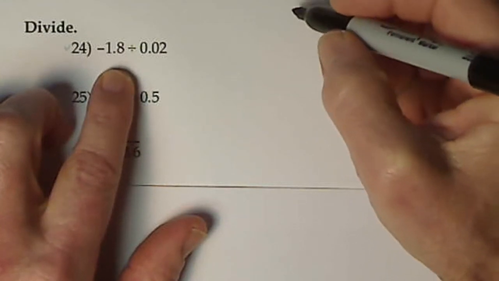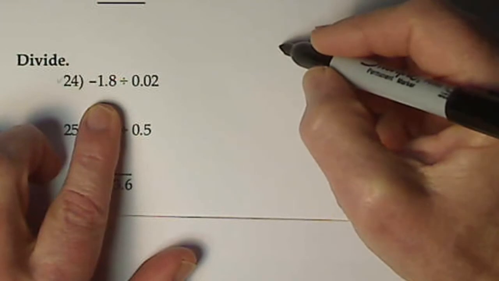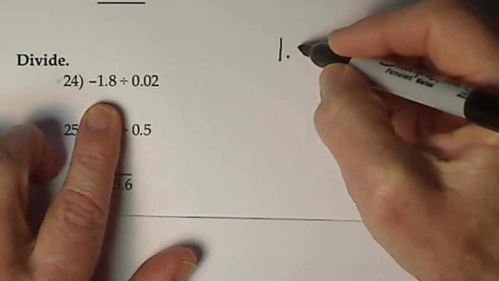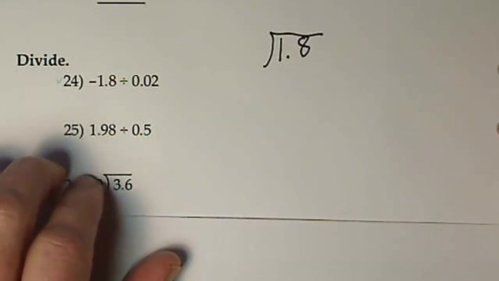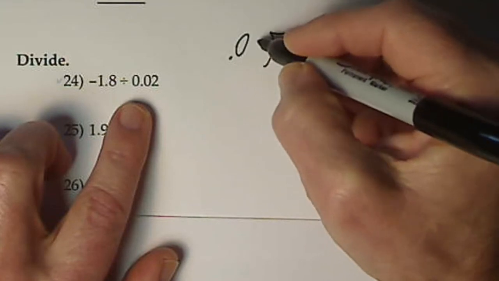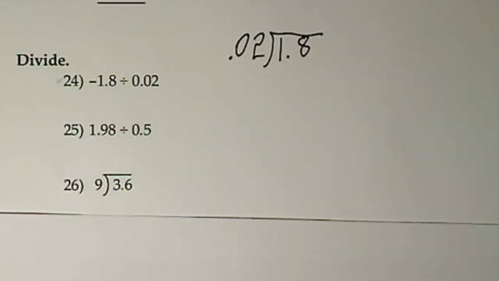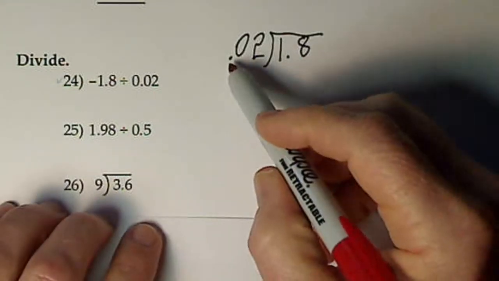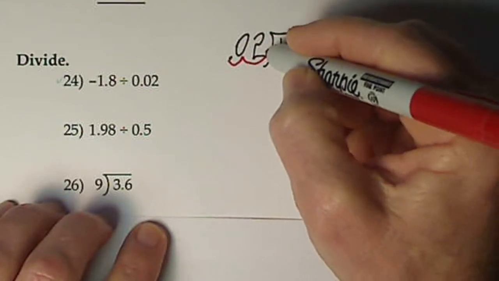So let's see, I'll slide this down a little. 1 8/10 divided by 2/100. And when you're dividing, you cannot have a decimal out in front. So I'm going to need to move this 2 places.